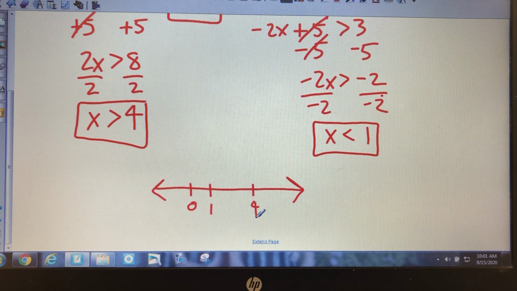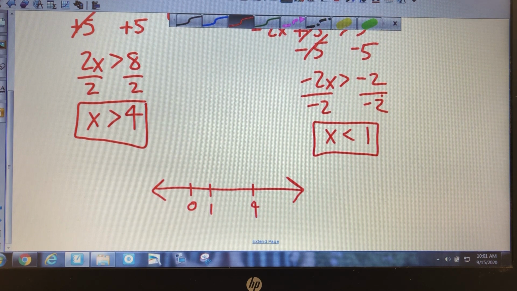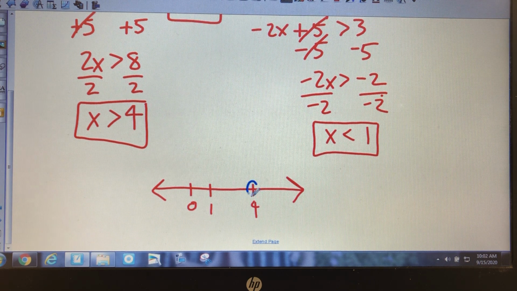Okay? So what we're saying now is x can be greater than 4, so we would have an open circle and shade to the right, and that would continue. So there's the part that x is greater than 4, or x can be less than 1.